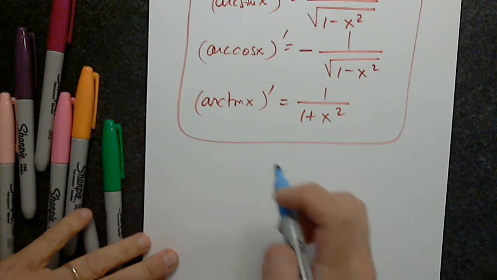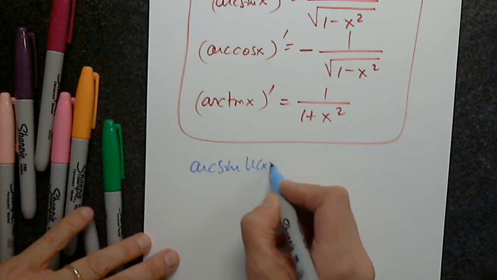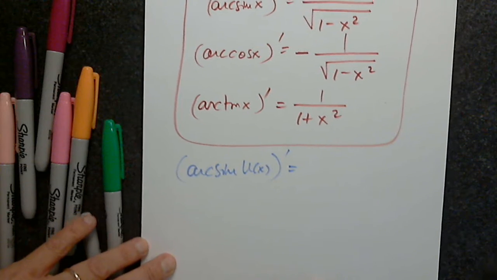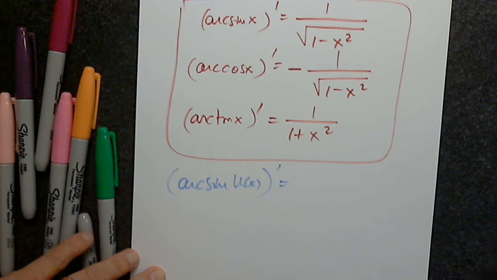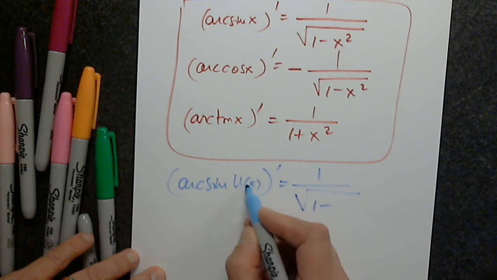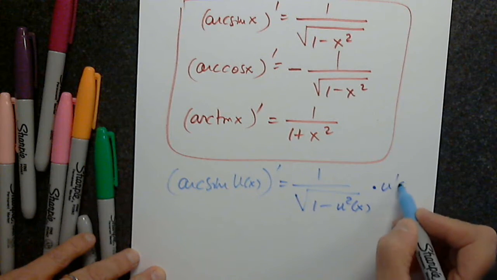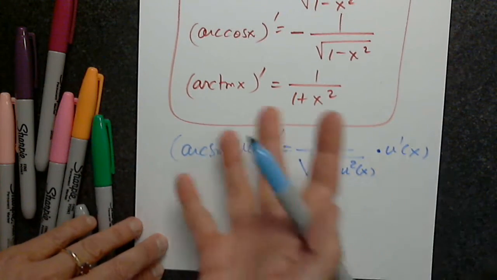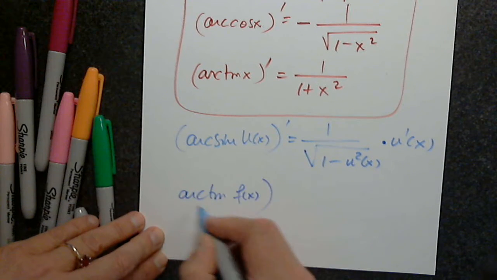Of course, if we have arc sine of a function of x, prime, can anyone dictate the derivative of this? Right, by the chain rule. Same thing, let's also look at arctangent of f of x prime.